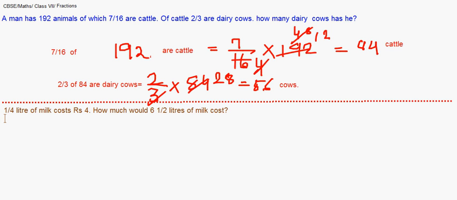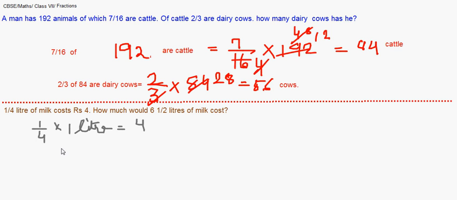So herein we see we have to find the cost of 1 liter of milk. 1 by 4 liter of milk, so 1/4 of 1 liter costs ₹4.